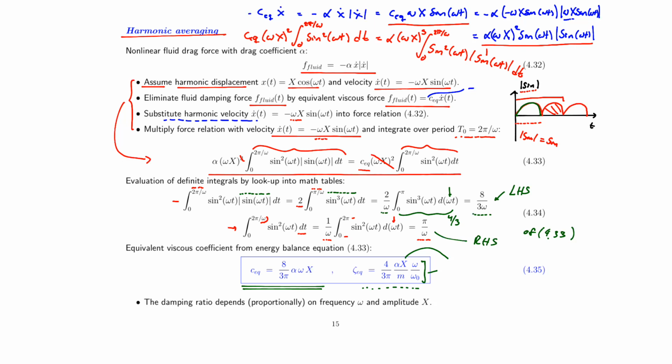If you go back to the friction model, your capital X would be in the denominator. Now it's actually in the numerator. So we have frequency dependency, yes, but we will have proportionality with capital X. That's the amplitude. So that's a generally different behavior than for friction.